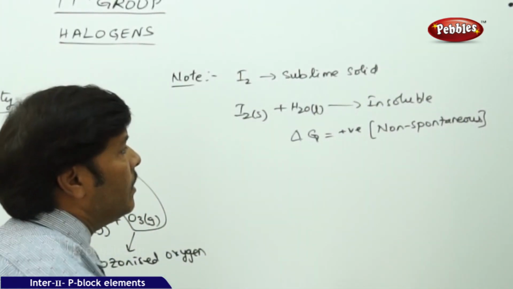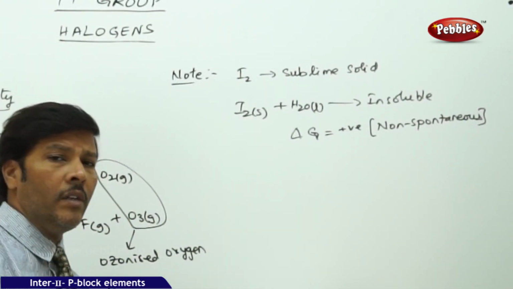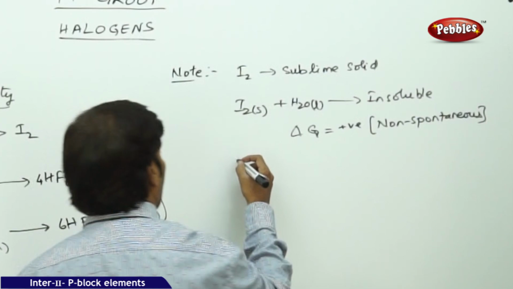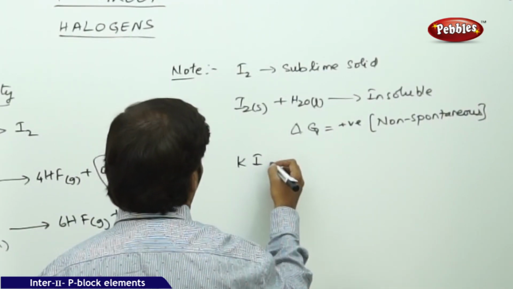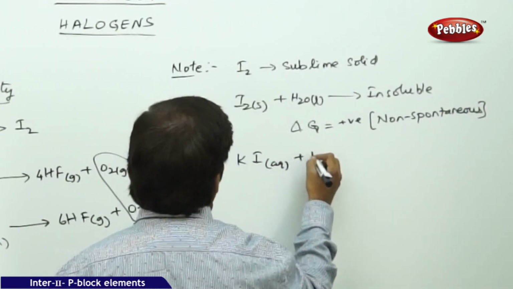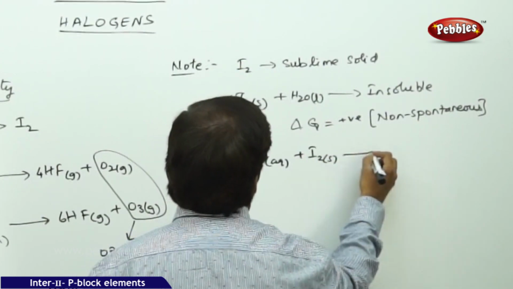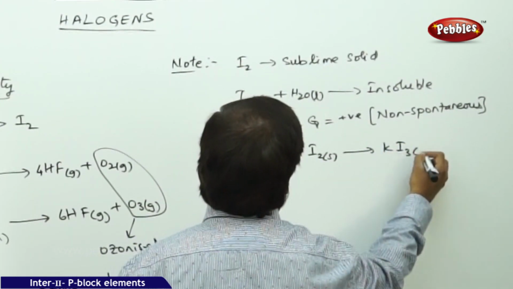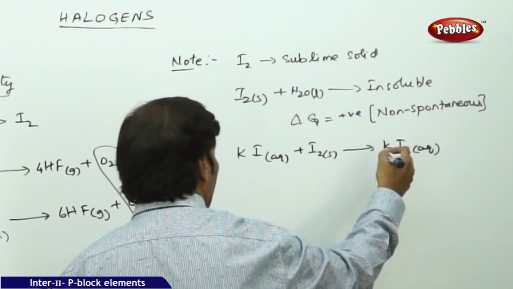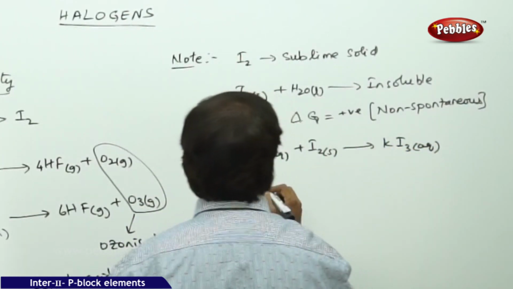However, you can increase the solubility of iodine by treating it with aqueous potassium iodide. When iodine solid is treated, it forms KI3 aqueous. Here the solubility increases.